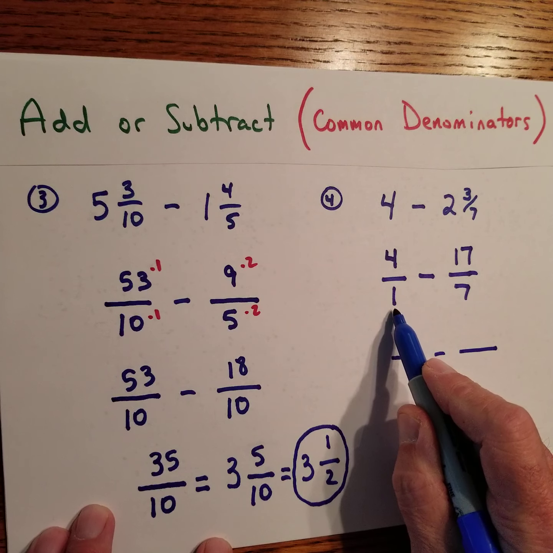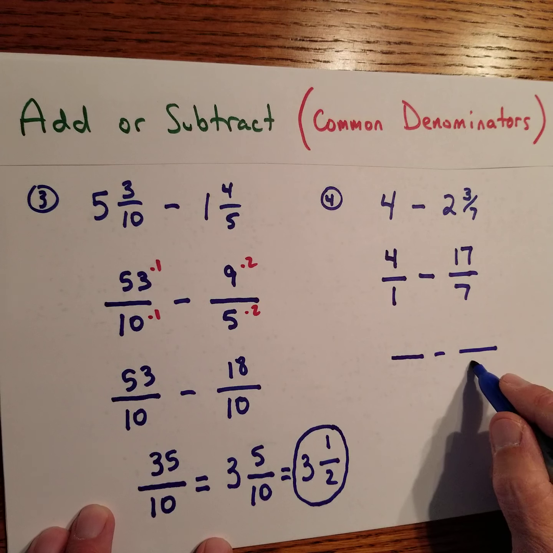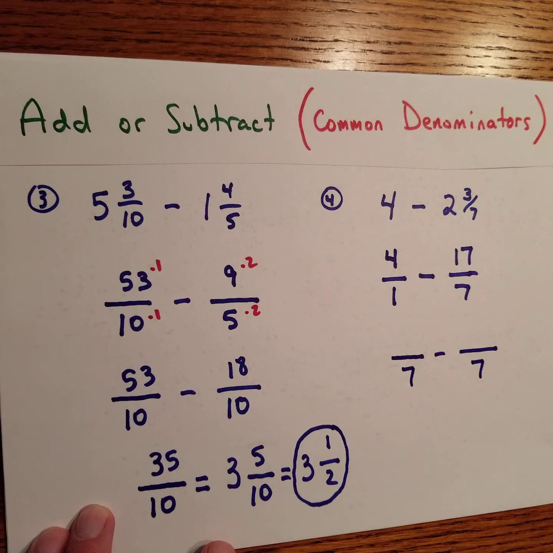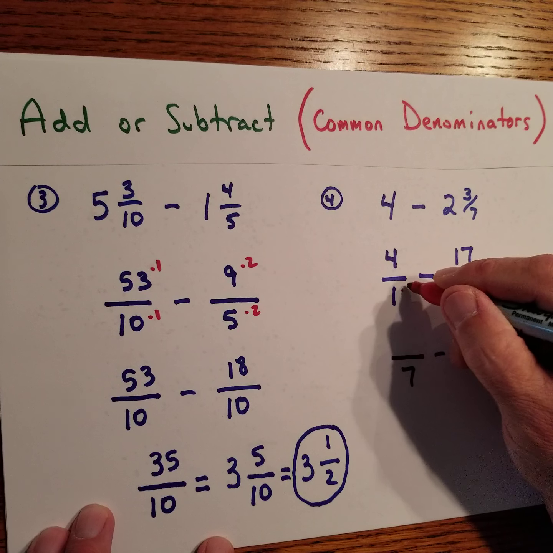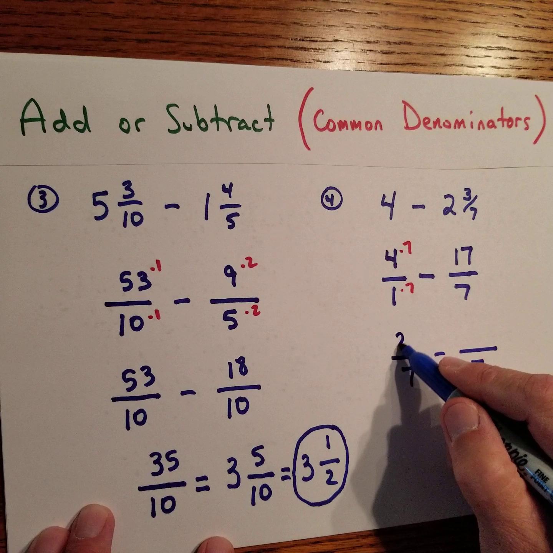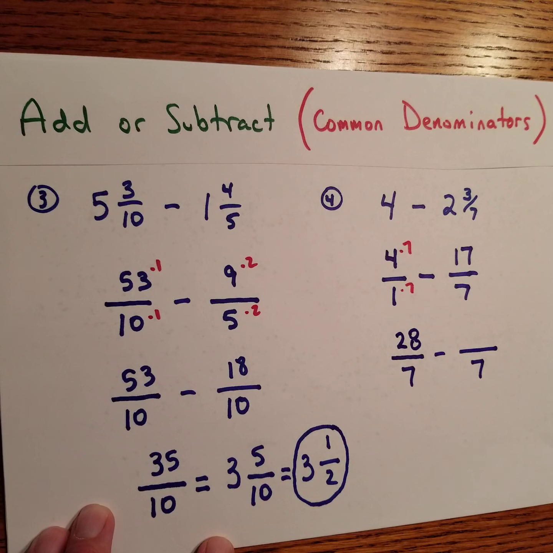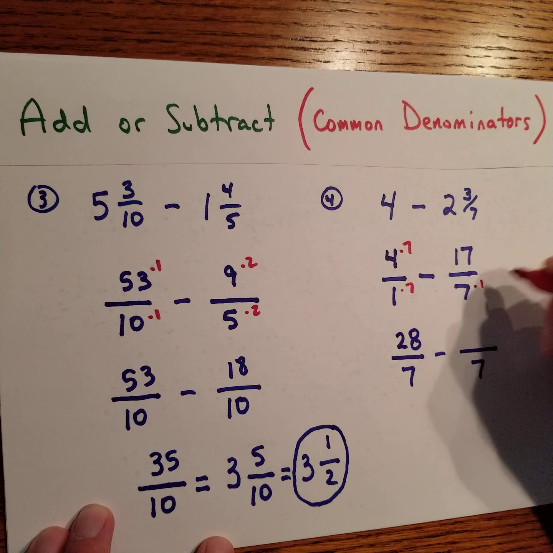Does the small denominator divide evenly into the big denominator? Certainly. 1 divides into 7. 7's a good common denominator. What do you multiply times 1 to get 7? Is 7. What do you multiply times 7 to get itself? Is 1.